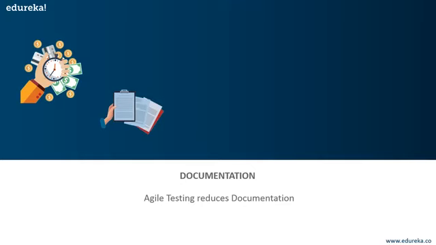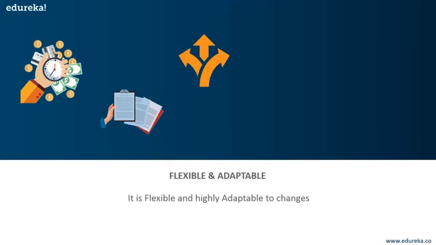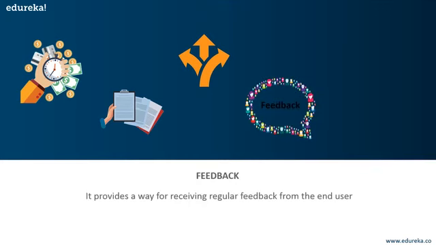So agile testing basically reduces a lot of documentation involved in the process. Then we have flexibility and adaptability. So agile testing is basically flexible and highly adaptable to changes. So you would not face any trouble if there are any changes to be made in the software during the process. It also provides a way for receiving regular feedback from the end user.